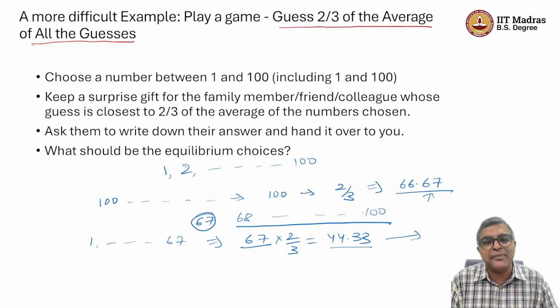So this is another example of iterative elimination of strictly dominated strategies.